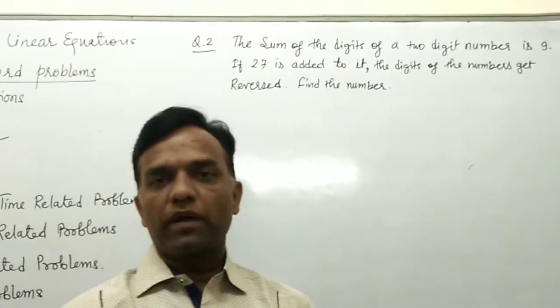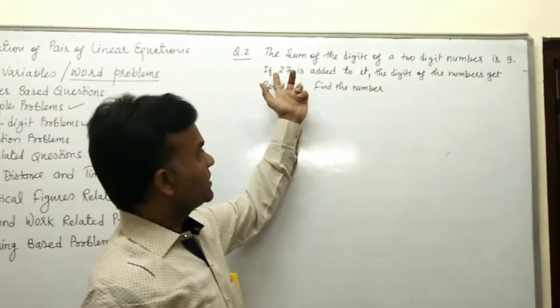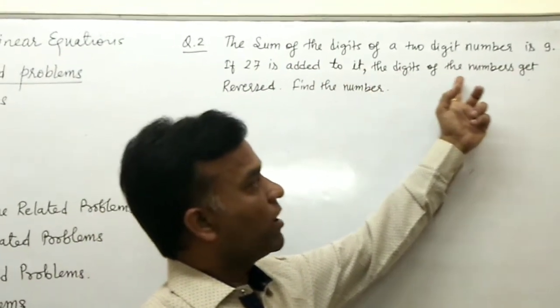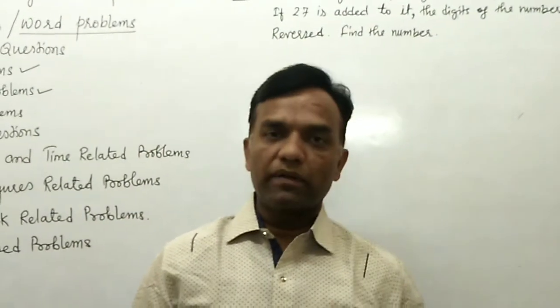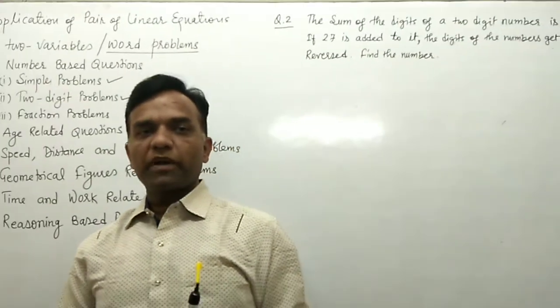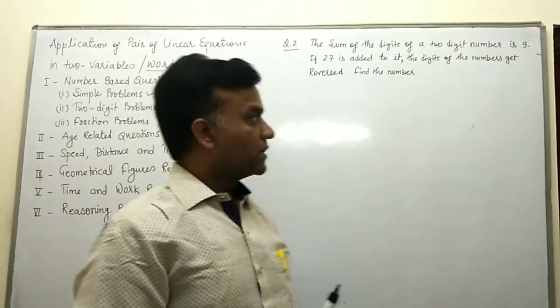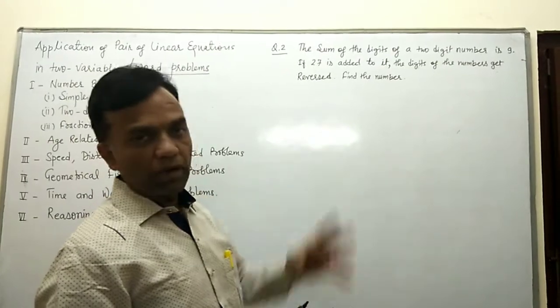This is the first part, and by this you get the first equation. The second part is that if 27 is added to it, the digits of the number get reversed. So you have two statements. First you bifurcate the statements and then you form the equations.